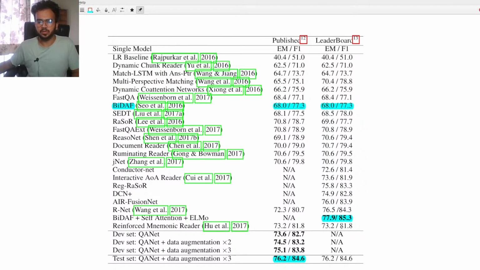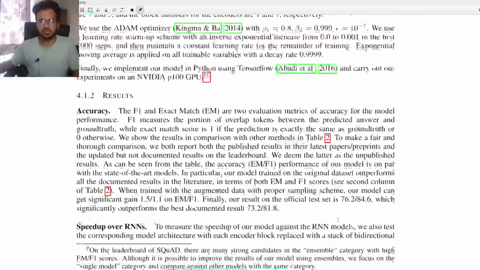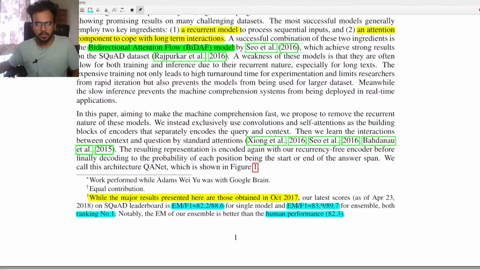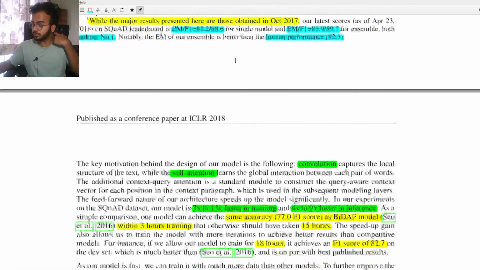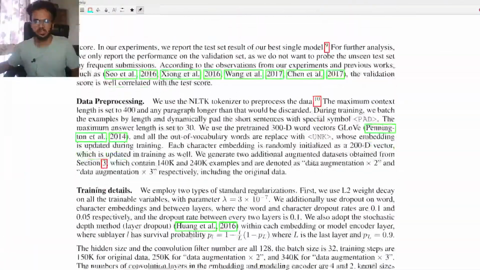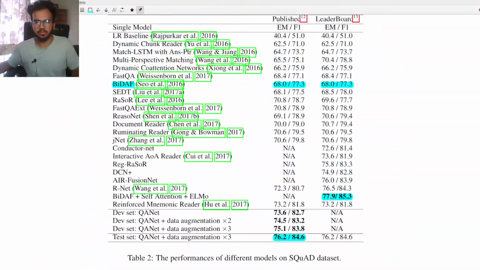But as you can see, we also got better results. We got 83.9 and 89.7 in 2018, which was ranked number 1 on the leaderboard. So 84 and 90% was achieved by this paper, which is a lot better than what they had achieved.